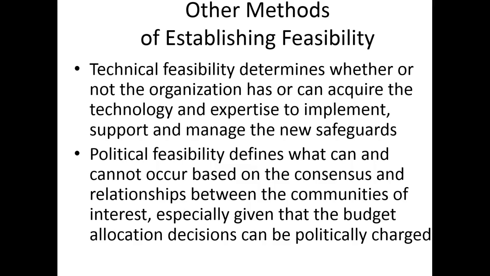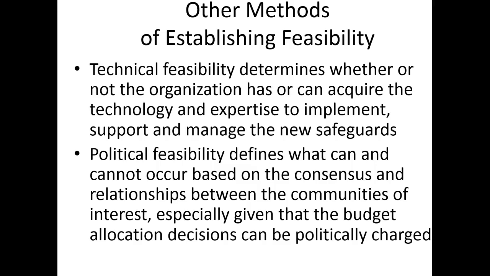Technical feasibility determines whether or not the organization has or can acquire the technology and expertise to implement, support and manage these new safeguards. Sometimes the implementation of technological control can be very complex, so it is important to consider the technical feasibility.